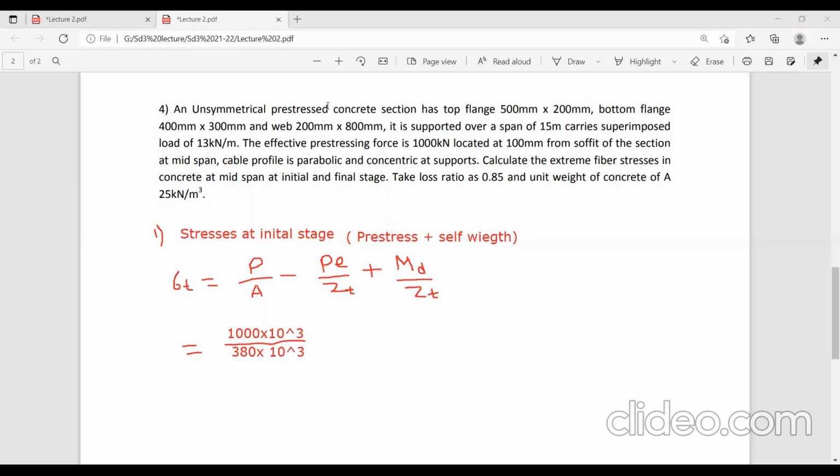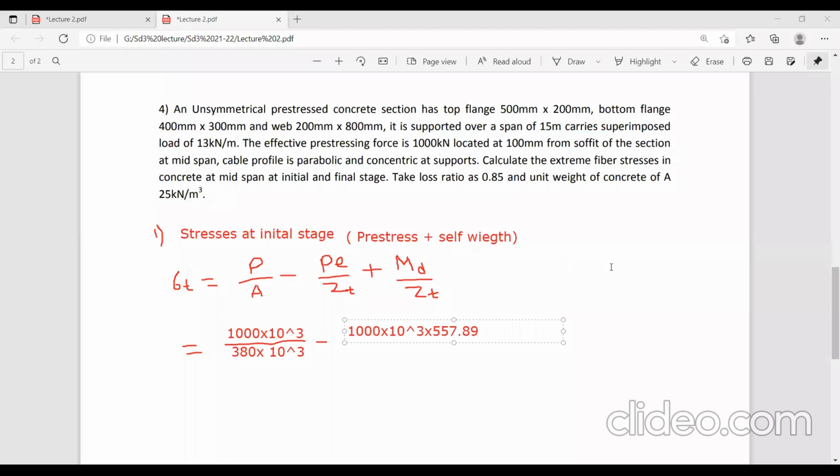Then next minus P into E. So pre-stress force again it is 1000 into 10 raised to the power 3. Eccentricity we have calculated, 557.89.